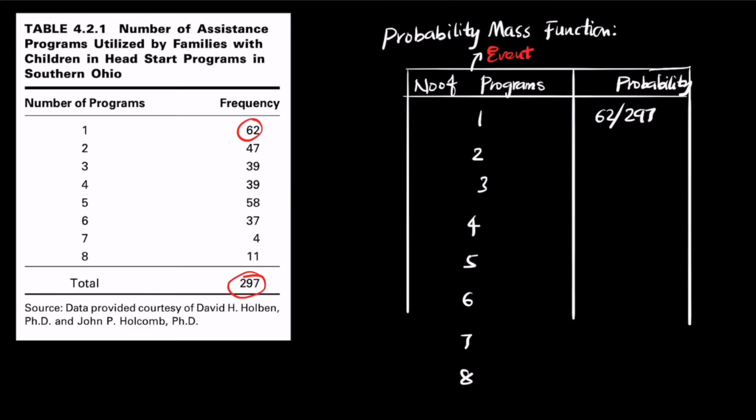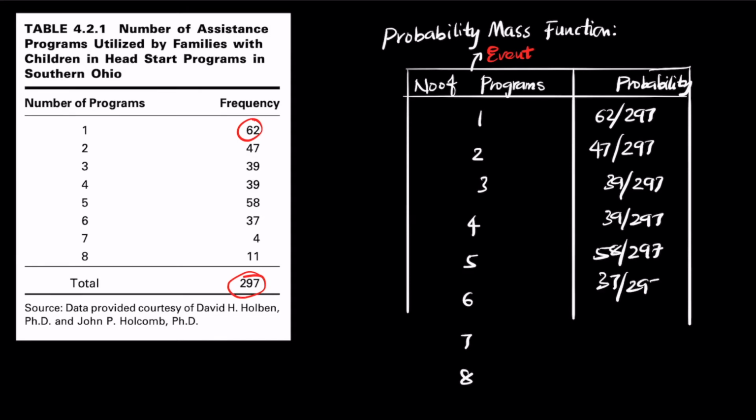The second one will become 47 over 297, the third one will become 39 over 297, the fourth one 39 over 297, the fifth one is 58 over 297, the sixth one is 37 over 297, then 4 over 297 and 11 over 297. This is the idea behind how to calculate from a given table.